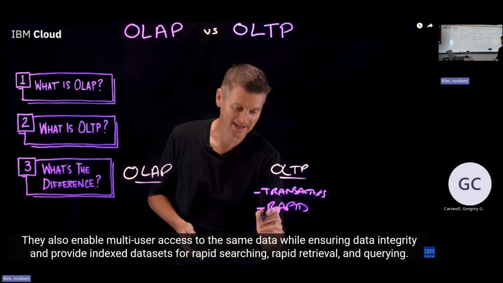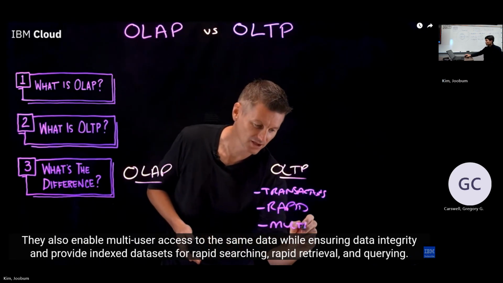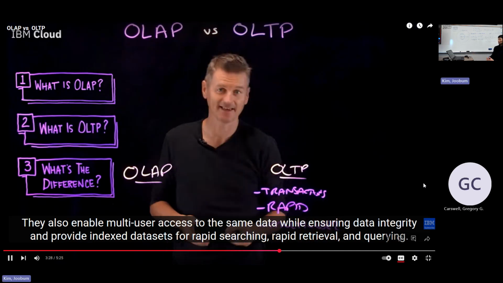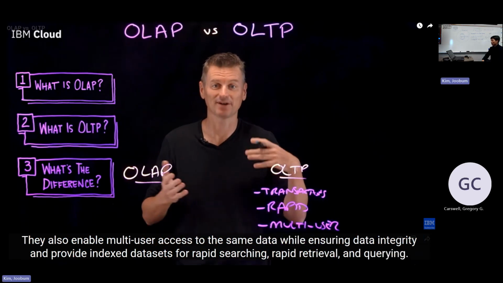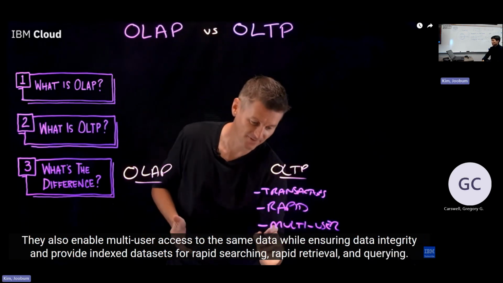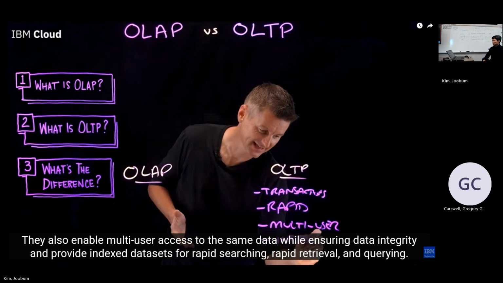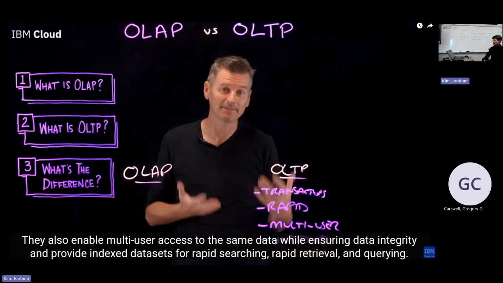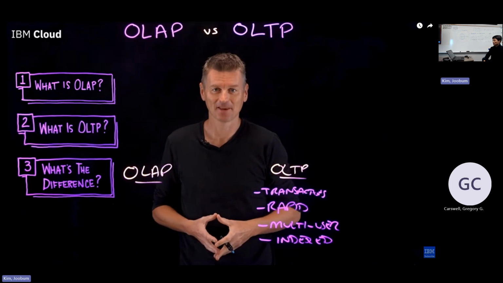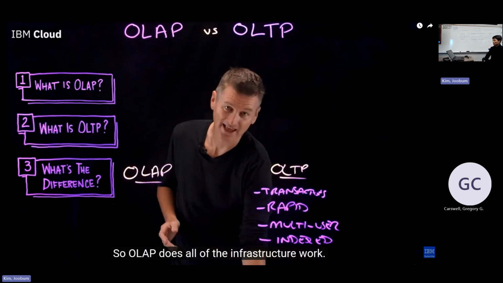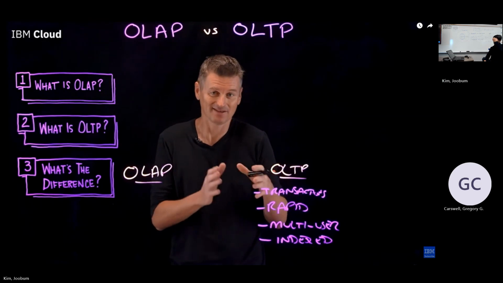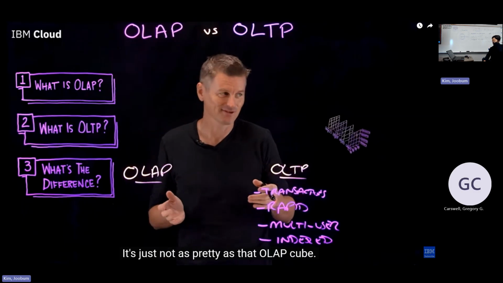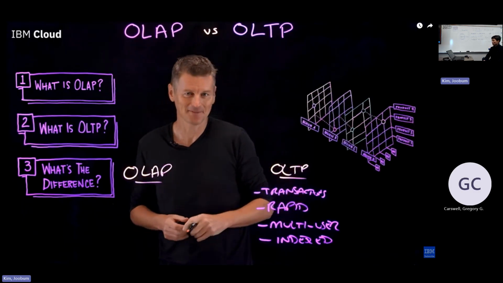They also enable multi-user access to the same data while ensuring data integrity and provide indexed data sets for rapid searching, rapid retrieval, querying. So OLTP does all of the infrastructure work. Important stuff. It's just not as pretty as that OLAP cube.